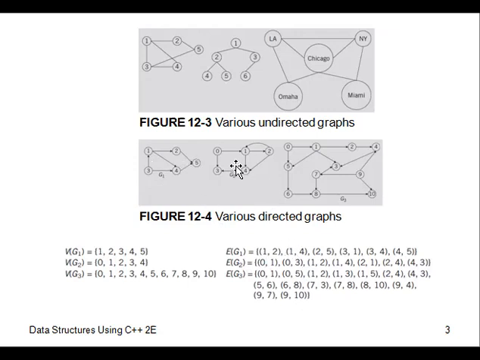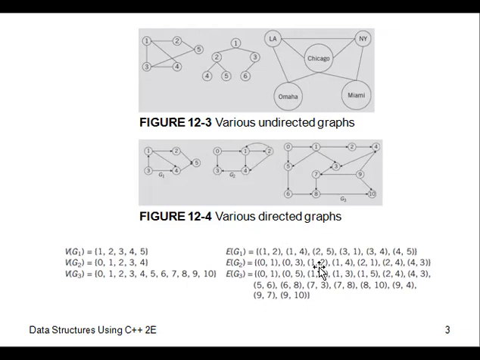Then, same way in the G2 graph, the first vertex is visited to 1 and 3. So it can be represented as 0, 1 and 0, 3. And another vertex is 1. From 1, the vertices visited are 2 and 4.